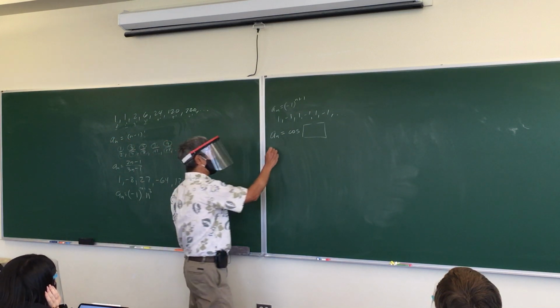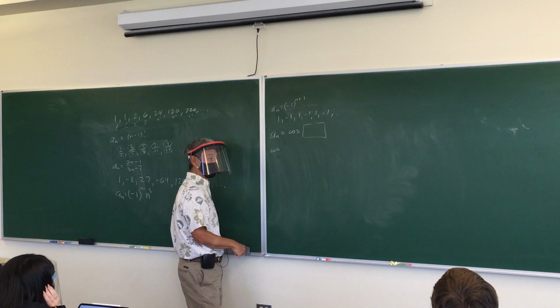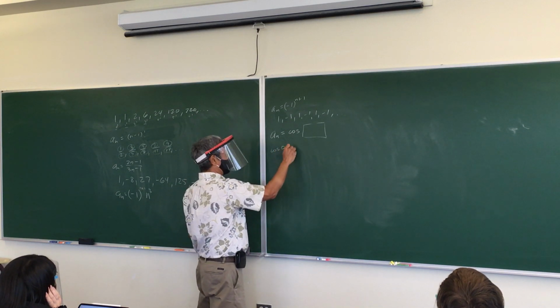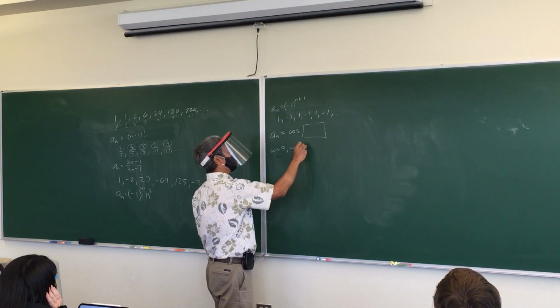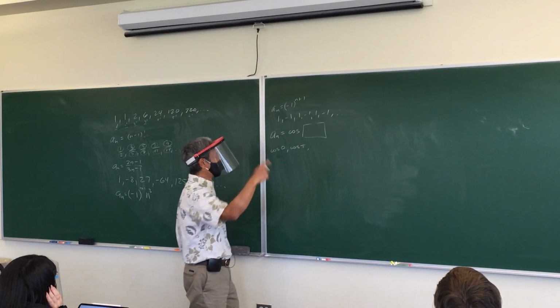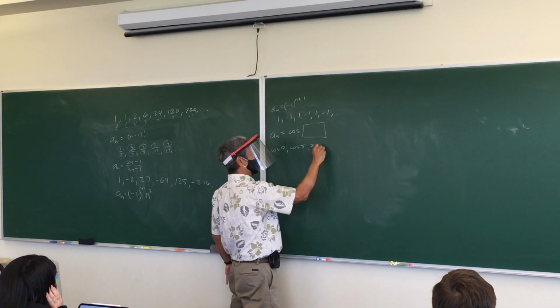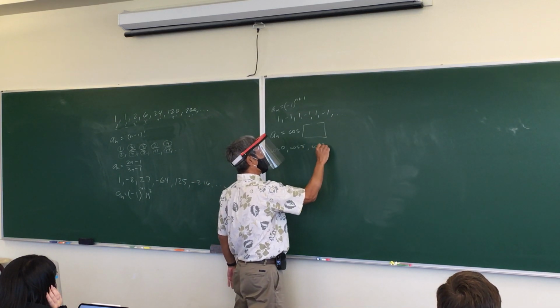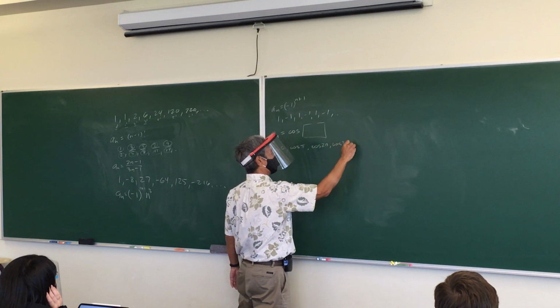Okay, let me ask you this. Cosine of what will give you 1? 0. Cosine of what will give you negative 1? Pi. Cosine of what will give you positive 1 again? 2 pi. Oh shoot, I forgot to write the cosine. Cosine of what will give you negative 1? Cosine 3 pi.